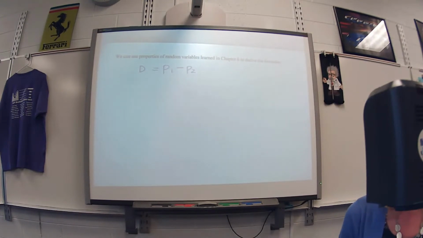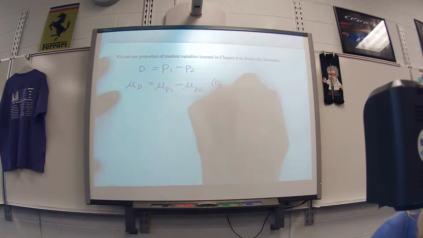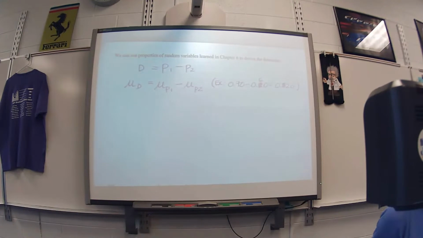So the rule for random variables was, if you want the mean for the difference, you could take the mean for the first one minus the mean for the second one. And in our example, what that pretty much represents is taking that 70% minus 50% gives us the 20%, which I said, based on common sense and intuition, felt right to us. But it really does follow the rule for random variables.